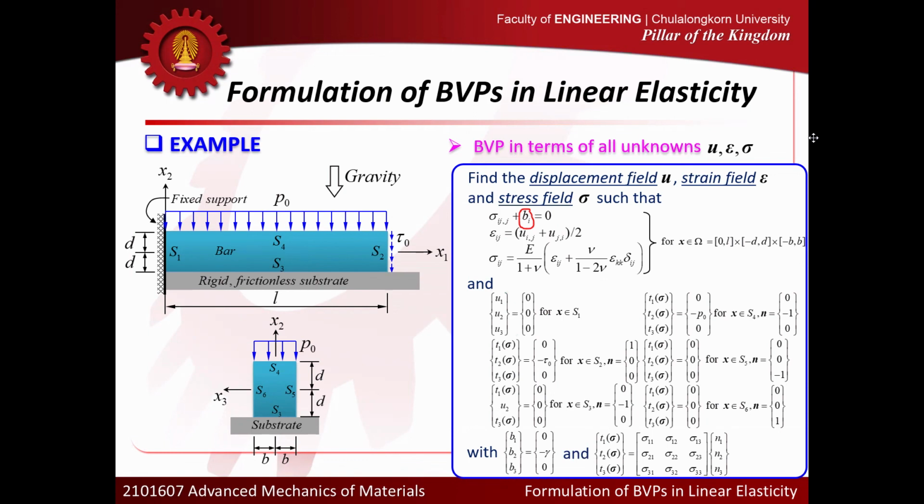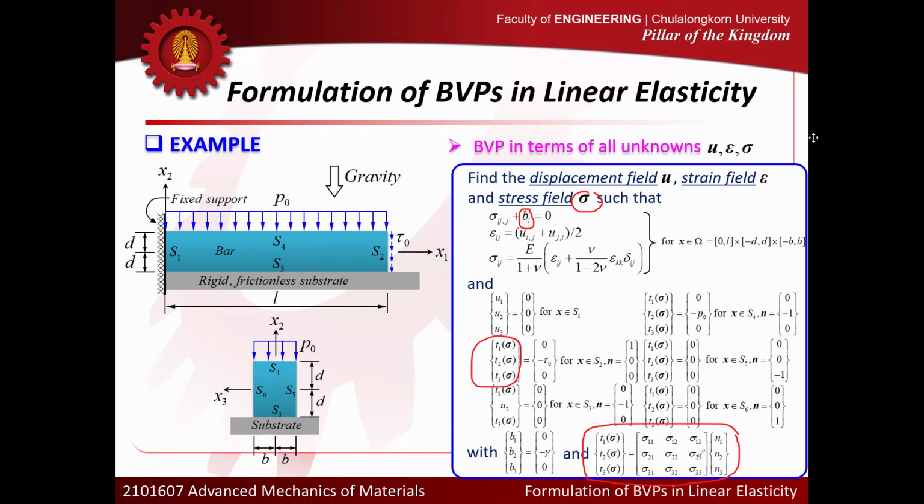What else? This one has to be provided as well. If you don't provide this to your friend, they don't know how to check the condition. For example, how can they check this condition if they don't know this relationship? Once you solve for stress, if you want to verify this condition, you don't have a way without the connection between T and sigma.